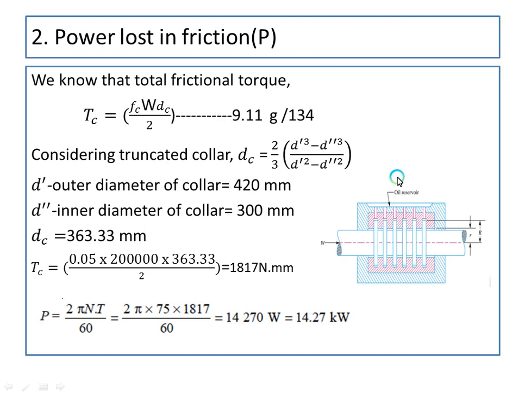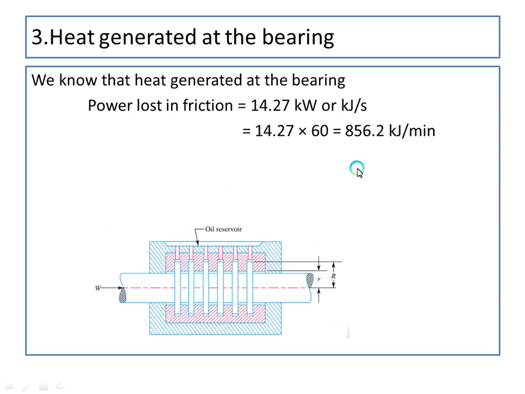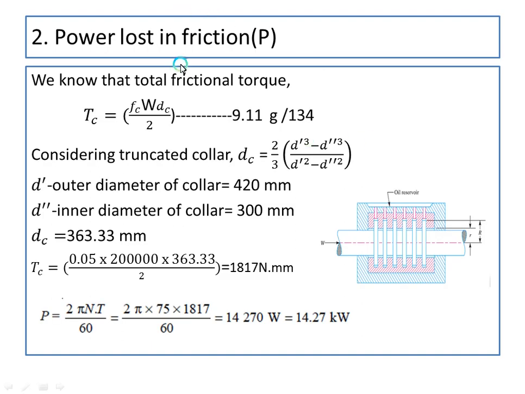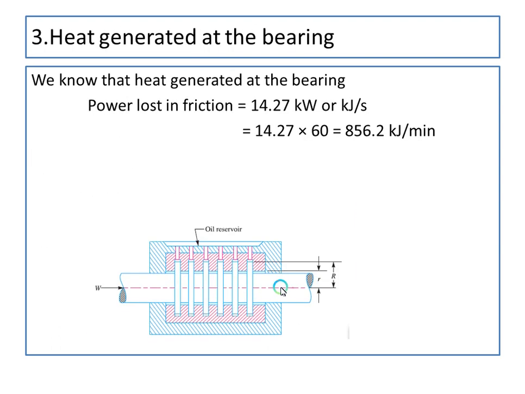Since watt is equal to joule per second, this will be kilojoule per second, so kilojoule per second to minute is nothing but 14.27 into 60, where you will get the answer as 856.2 kilojoule per minute. So here the heat generated at the bearing and the power lost in friction will be equal. Hence this problem is solved.